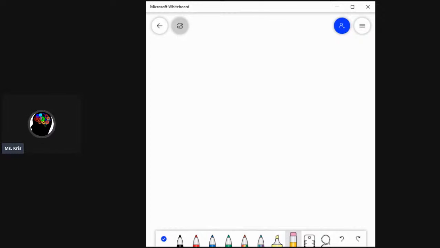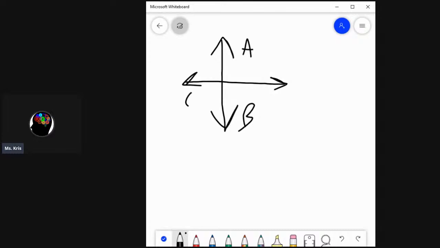Let's say you are given that line AB is perpendicular to line CD, intersecting at point E. Prove that angle AEC is a right angle.